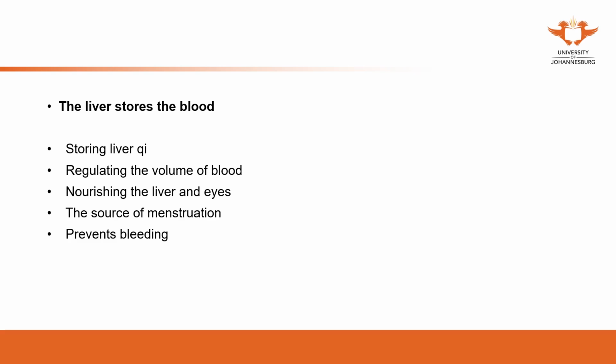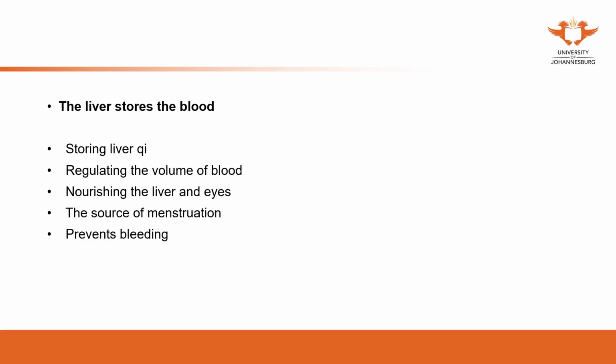Therefore, the blood stored in the liver may nourish the eyes, the ligaments, and the liver itself. The blood stored in the liver is the source of menstruation. Thus, the liver is called the sea of the blood. If the patient presents with blood deficiency, they may present with less blood in the menstruation or even amenorrhea.